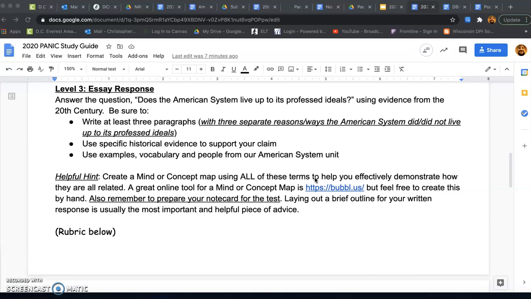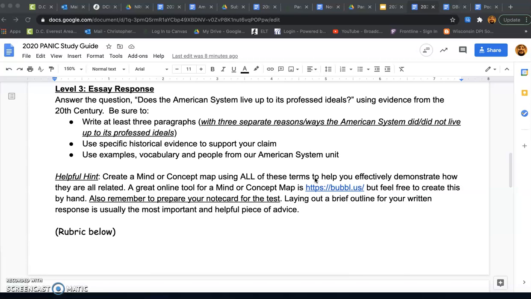You could do another paragraph on how the repeal of prohibition did live up to the professed ideal of freedom, allowing Americans to have alcohol, etc. So again, you can figure out how you want to set that up, but that is maybe some idea of how you would do that.